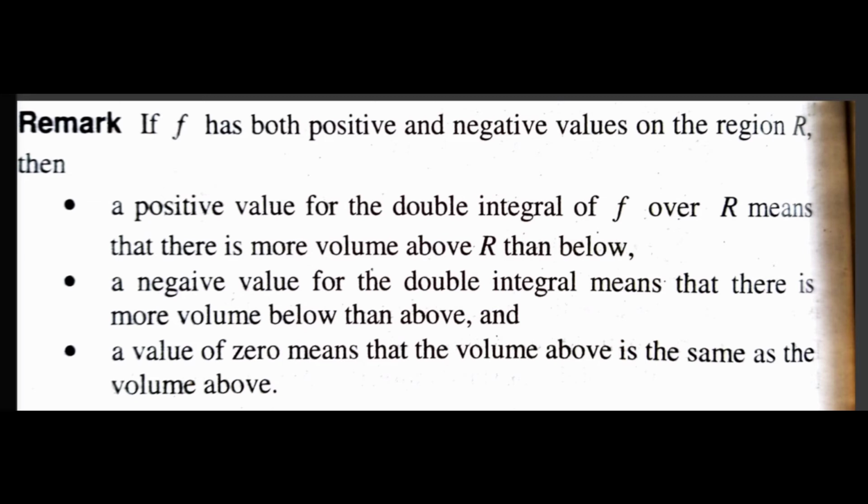A negative value means that there is more volume below than above, and a value of 0 means that the volume above is the same as the volume below.